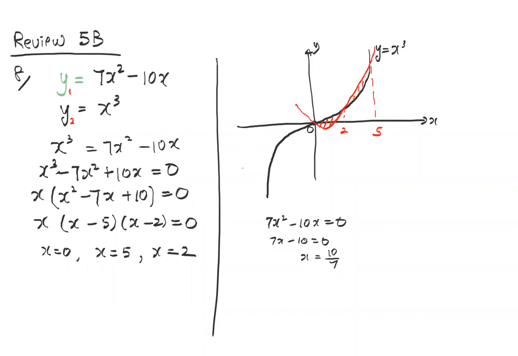You yourself have to settle. So my red one is y1, my black is y2, okay? So I will integrate from 0 to 2, y2 minus y1 dx, plus integrate 2 to 5, y1 minus y2 dx. Then you will get the right answer.